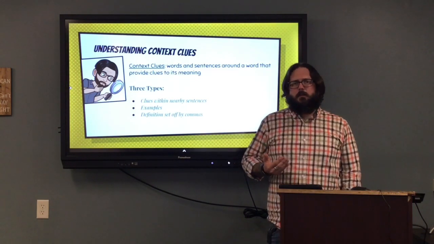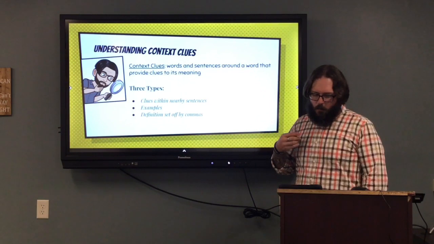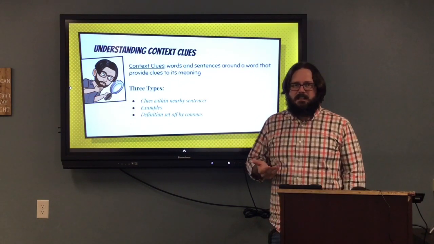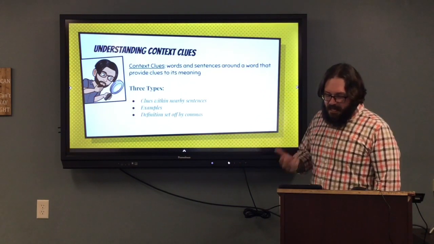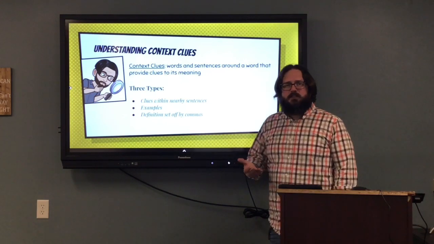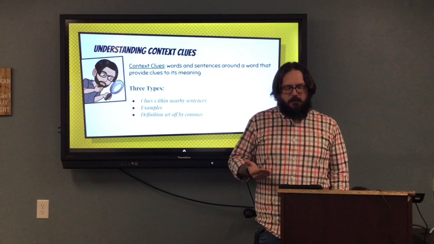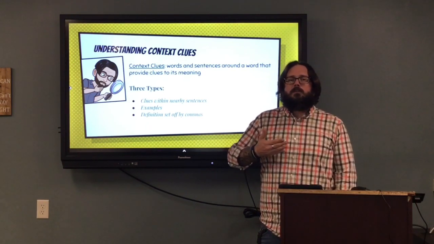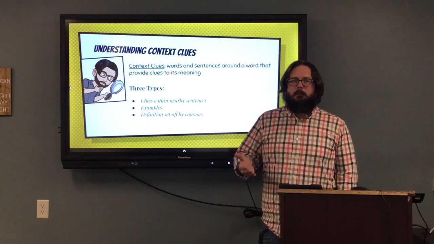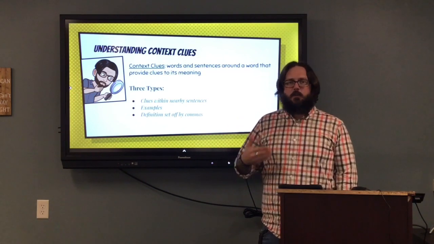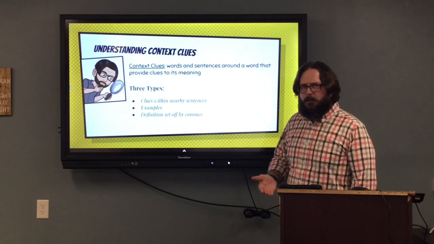The first will be clues that are within nearby sentences. The second type will be examples that are directly given by the author. And then finally, we may have words that are defined but set off by commas within the sentence itself.